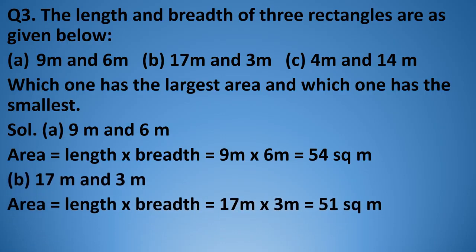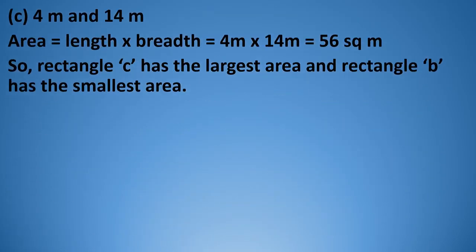Area of a rectangle is equal to length multiplied by breadth, which is equal to 17 meter multiplied by 3 meter, which is equal to 51 square meter. And C is 4 meter and 14 meter. Area is equal to length multiplied by breadth. So it is 4 meter multiplied by 14 meter, which is equal to 56 square meter.